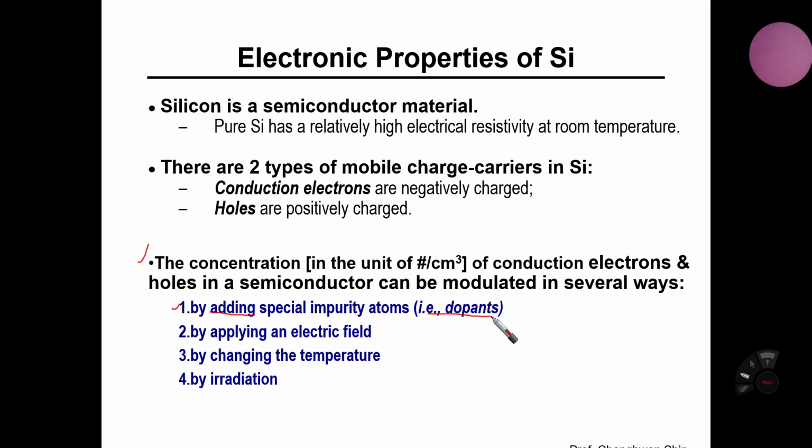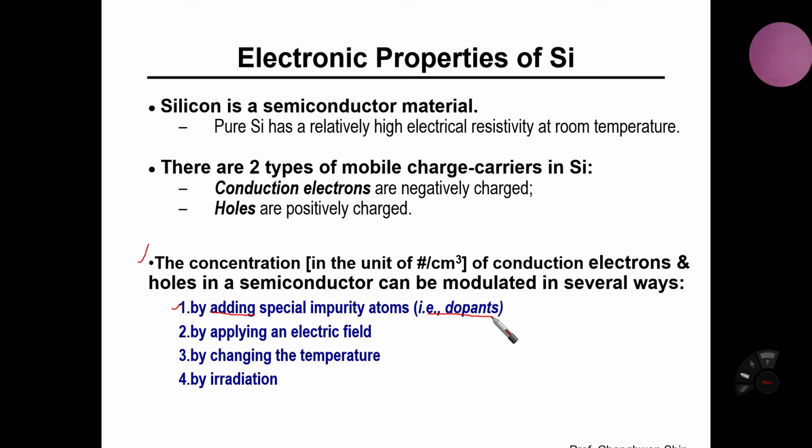Instead of silicon, a different atom can be included in a silicon crystalline material. Then we can say that we have added a special impurity atom. We have doped the silicon material. For what purpose? To modulate the concentration of electrons and holes.